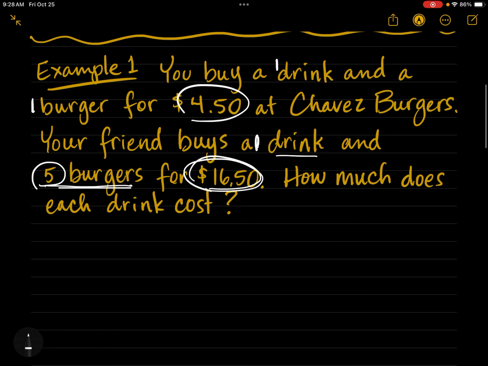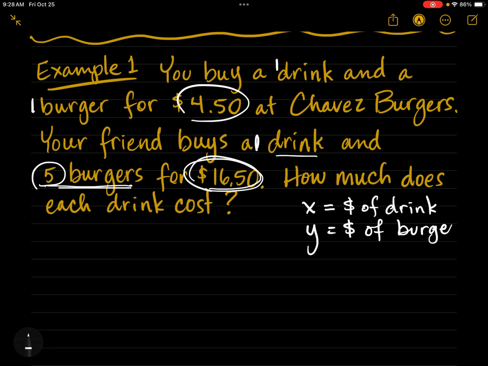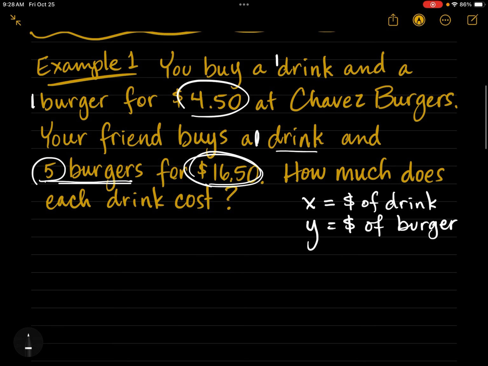Okay, so let's see if we can first define the variables. Let X equal the price of a drink. Also, you could have defined it the other way. It wouldn't matter in the end. And then we're going to let Y be the cost of each burger.